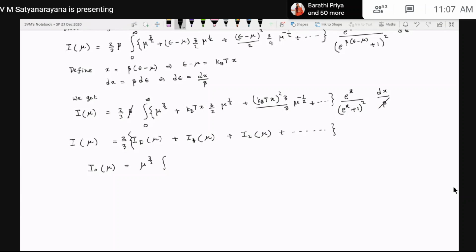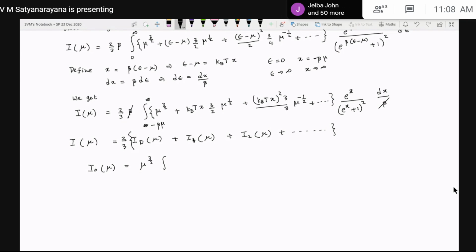So the limits of integration are not 0 to infinity here, because, remember, if epsilon is equal to 0, okay, so x is equal to minus beta mu. Correct? If epsilon equal to 0, and epsilon infinity implies x also goes to infinity. There is no problem. So the lower limit on this integration is minus beta mu.